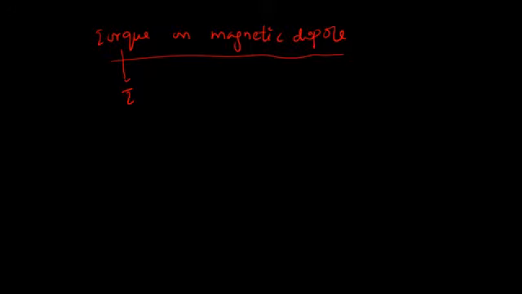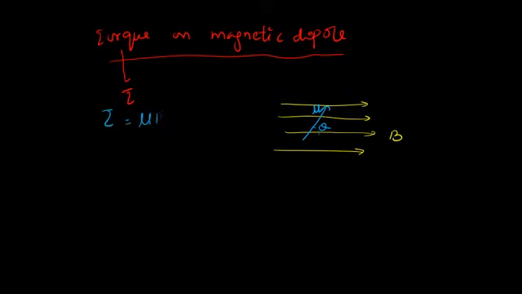Let us redraw: these are the magnetic field lines, and when we place the magnetic dipole within the magnetic field, it has magnetic moment mu and makes an angle theta with B. So the torque equals mu B sine theta, where theta is the angle between mu, the magnetic moment, and B, the magnetic field.